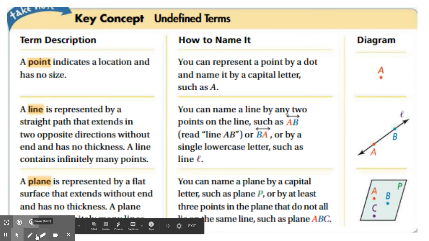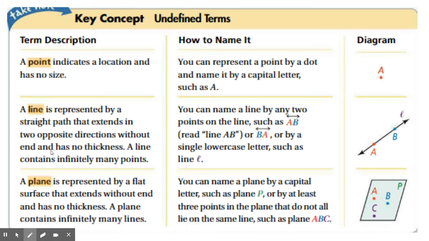Okay, so this slide here talks about what are called undefined terms, and those are point, line, and plane. So this idea of a point: it's just a dot represented with a capital letter, and it just represents a location, all right? So this is going to help build all of our figures. We'll also work with the coordinate plane this year. So again, it's a capital letter.